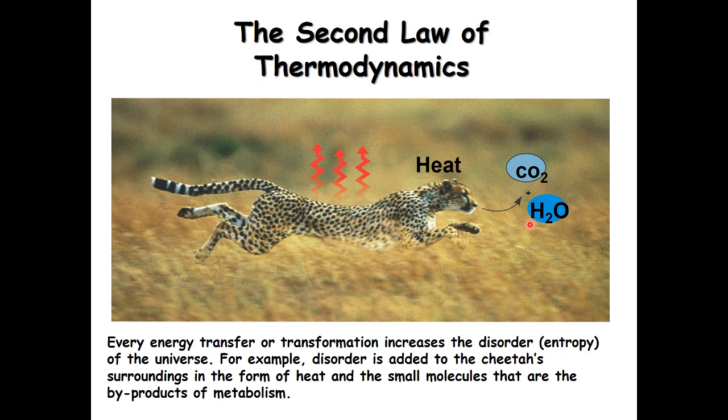Number two, it also follows the second law of thermodynamics because the reaction is spontaneous: the glucose that it used to start with becomes more messy. So cellular respiration is spontaneous because you're going in the same direction as the second law of thermodynamics.